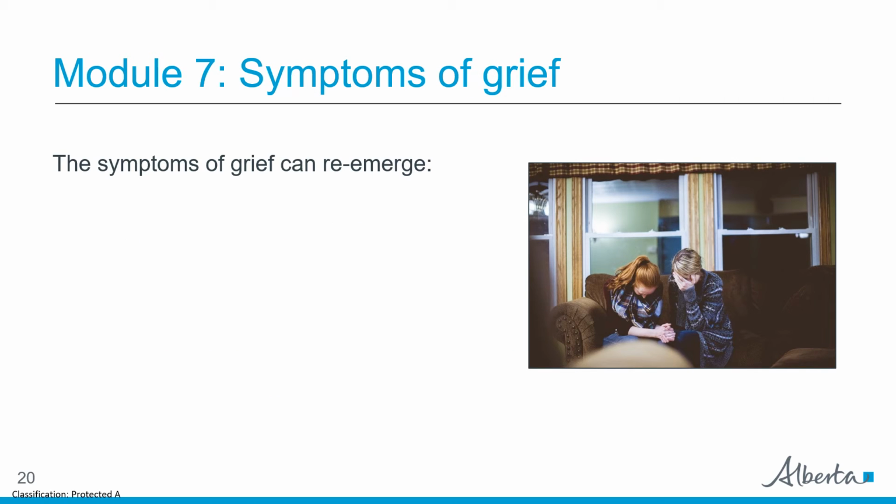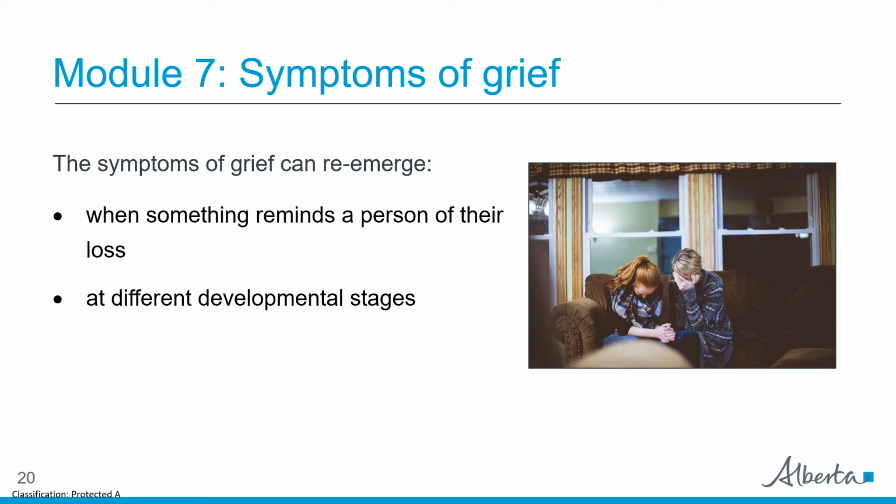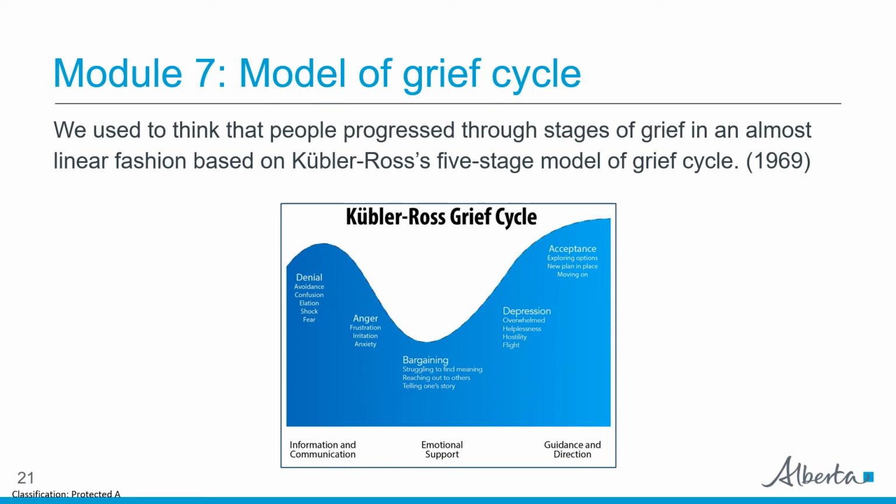Module 7. Symptoms of grief. The symptoms of grief can re-emerge when something reminds a person of their loss, at different developmental stages, during certain events in a person's life. Model of grief cycle.